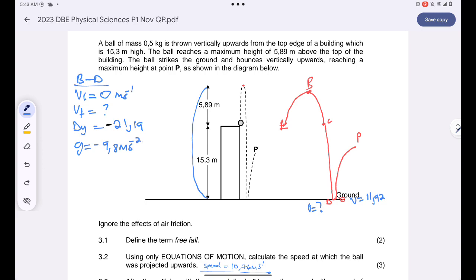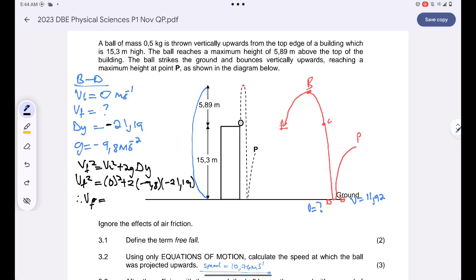Then for me to find the velocity of the ball at position D, I'll simply use the second equation again. It's Vf squared is equal to Vi squared plus 2g delta Y. I want to find my final velocity. I know that the initial velocity is 0, gravity is negative 9.8, and then the displacement is negative 29.19. Therefore, let me calculate.